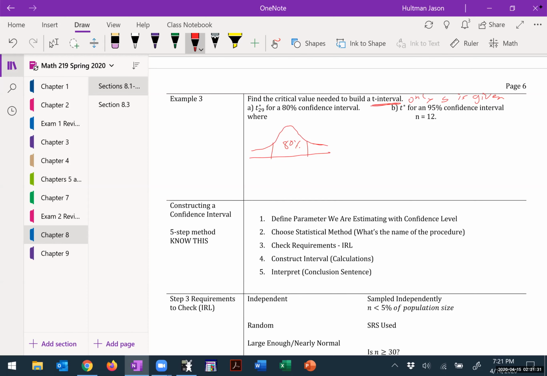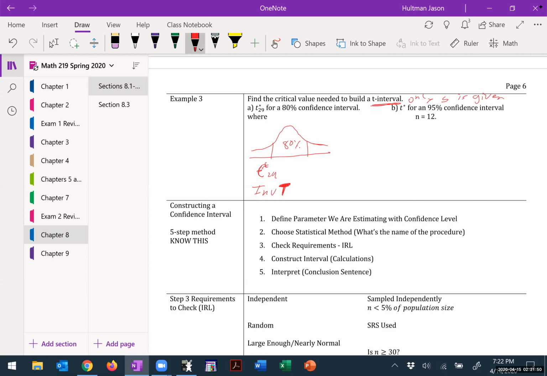So how could I find the t star value, t star of 29, using the calculator? Well, it's the same process, but instead of inverse norm, it's inverse t.